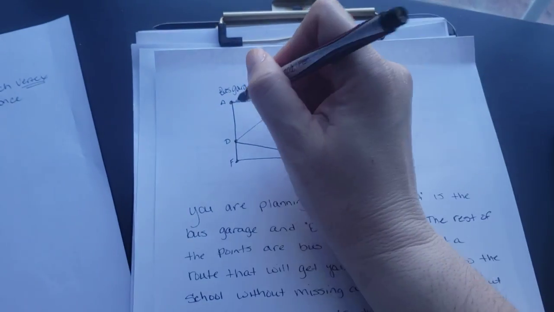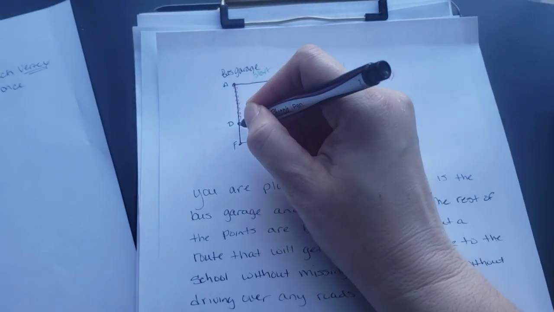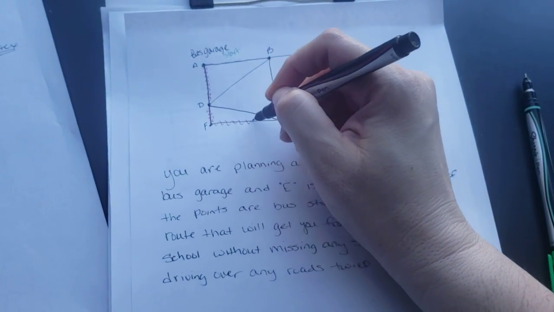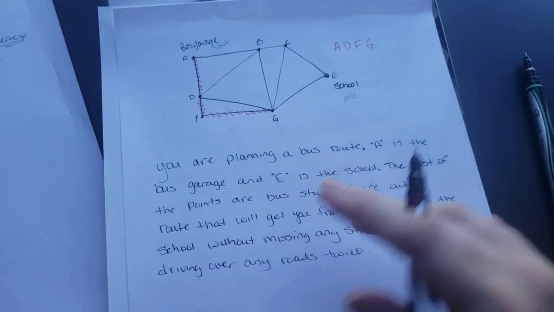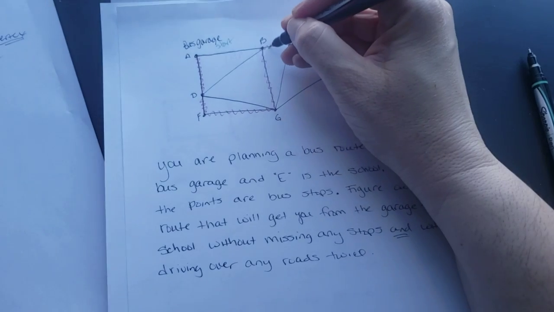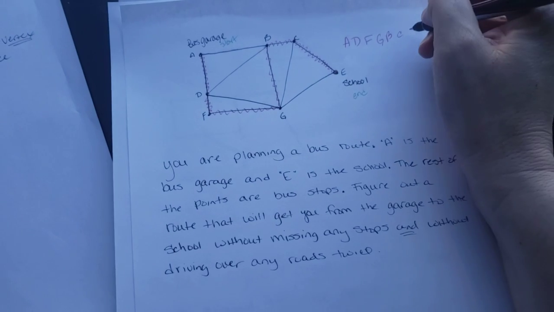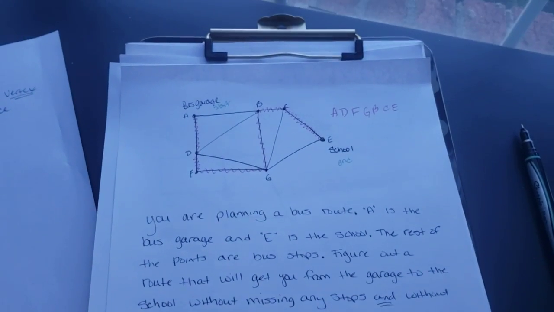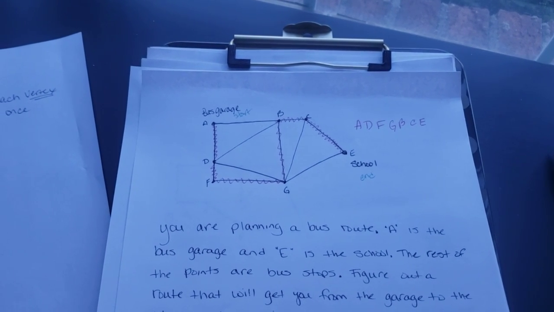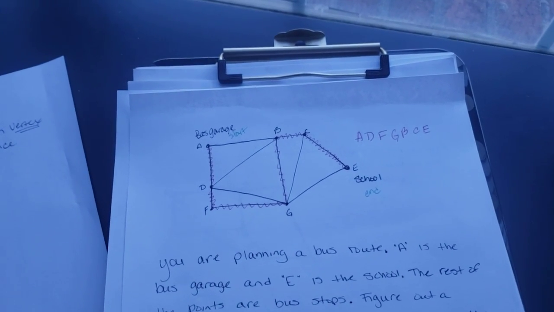So if I go from A to D, and then from D to F, and then F to G, G to B, B to C, and then C to E, I have my Hamilton path. I haven't duplicated any streets. I have hit every bus stop. I started at the bus garage and I ended at the school.